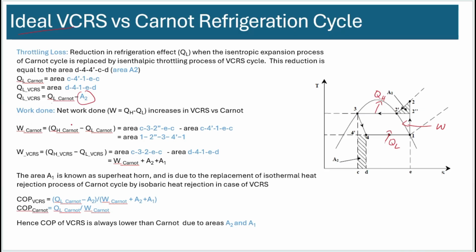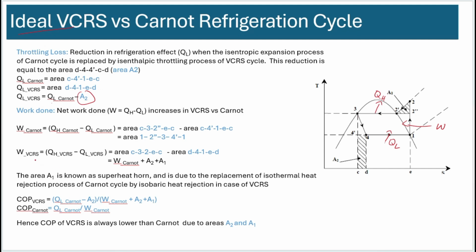Now, work done. Net work done is the area enclosed between the processes of the two heat transfers. So for Carnot, it is basically the area inside the rectangle, so it is basically 1, 2 double prime, 3, 4 prime, 1.